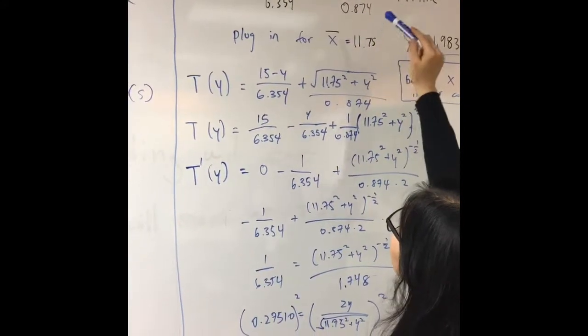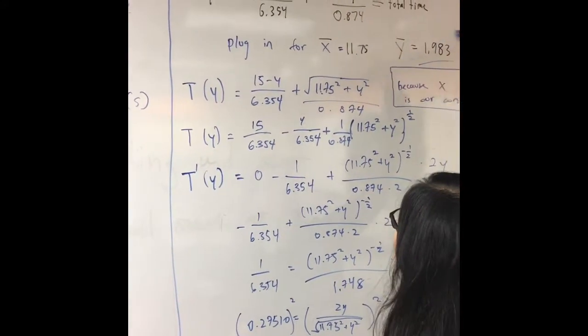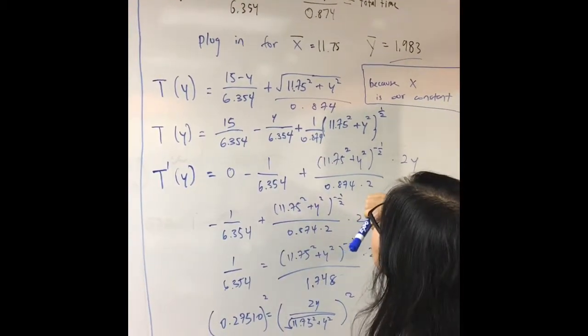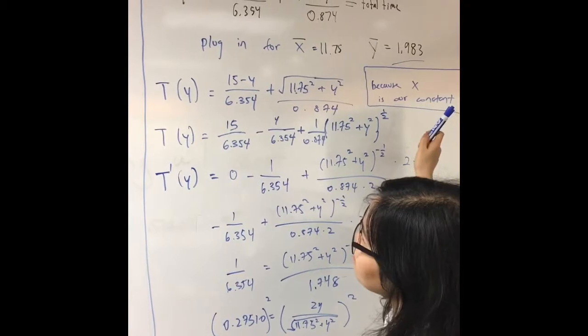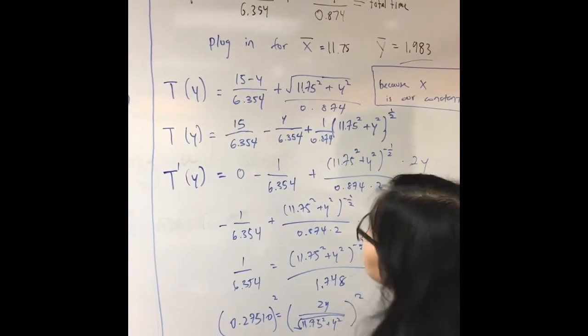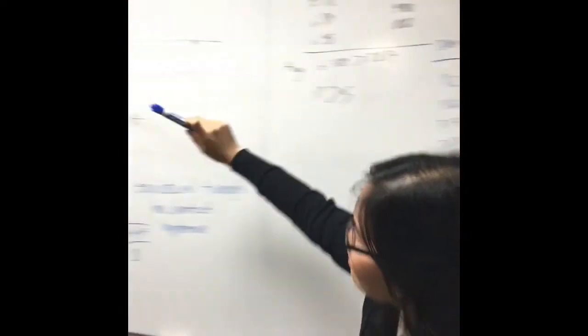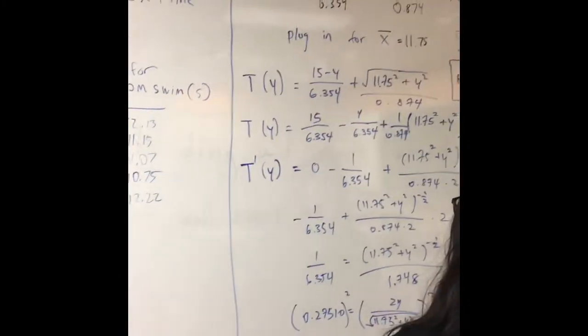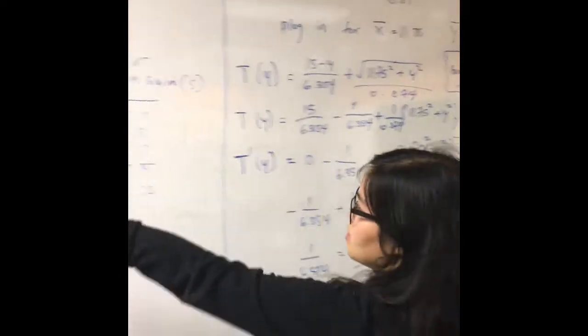So x is 11.75, and we plugged in x because it's our constant value, and from there we figured out that it works for the point that Mitchell mentioned earlier, that x is greater than y, because the dog can run faster than it can swim.